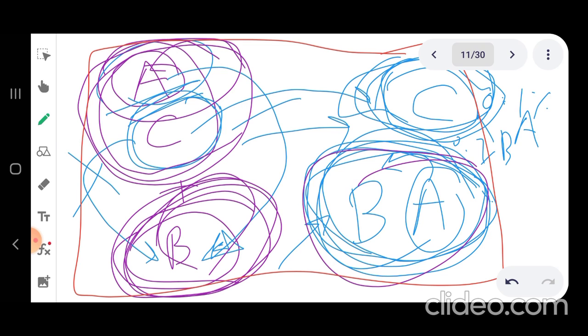Okay. So before we move on, let's first agree on the symbols.